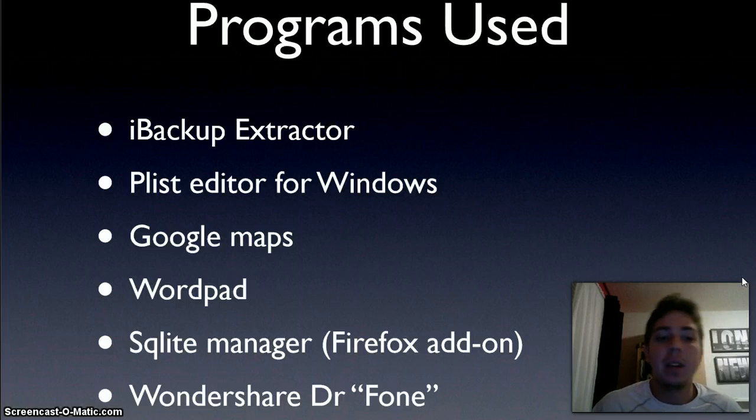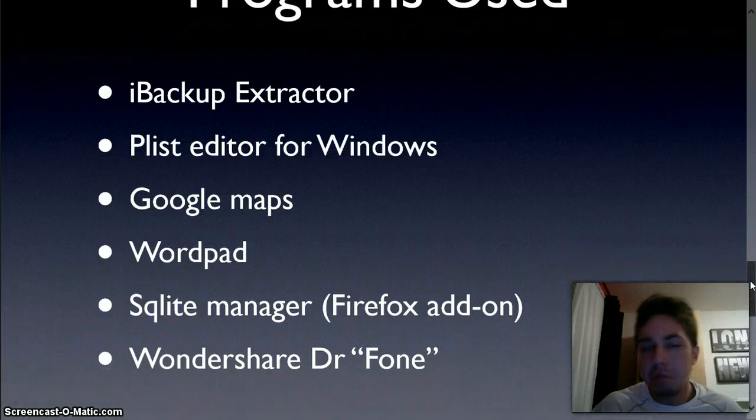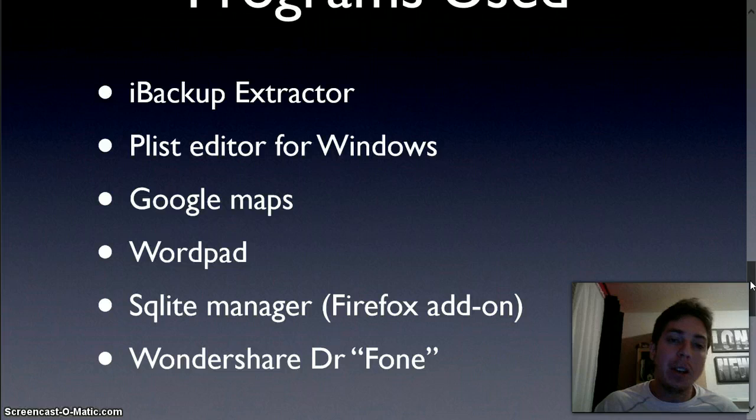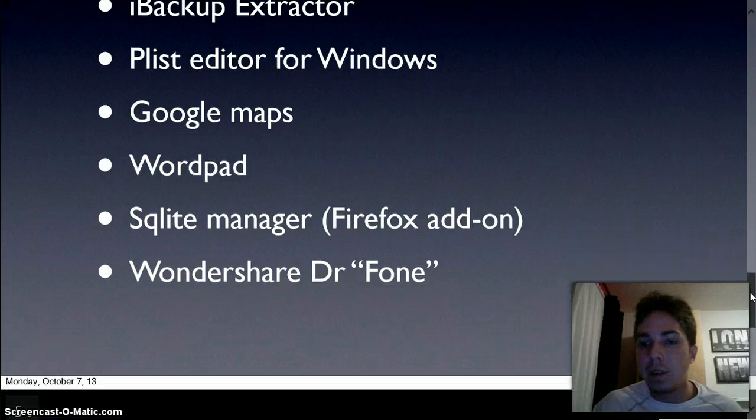The WordPad SQLite Manager is going to help us to translate or to use .sqlite files. And the last one is just a demonstration that there are several programs for iPhone data extraction. iBackup Extractor is one, and Wondershare Dr. Phone is another one, so that you will see the difference.